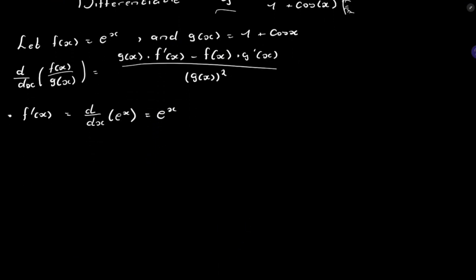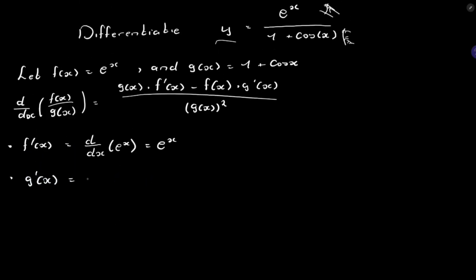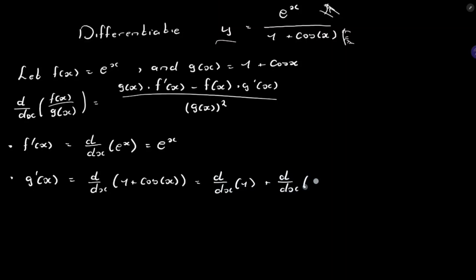So let's move on to our denominator. The derivative with respect to x of our denominator g of x, which is the derivative with respect to x of the function 1 plus cos x, is the same thing as the derivative with respect to x of 1 plus the derivative with respect to x of cos x. The derivative of 1 leaves us 0. Why?